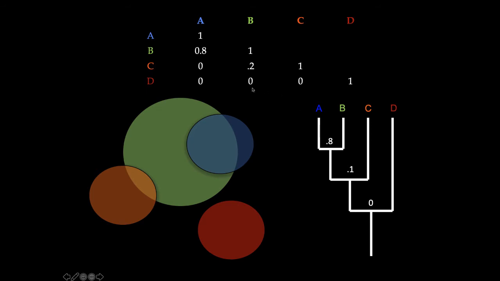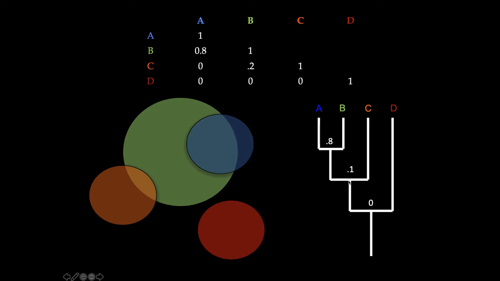Okay, now the question is, how do you map those onto a phylogeny? Well, the logic here is actually pretty straightforward. The overlap between A and B is just the overlap between A and B, right? Well, what do you do about the overlap between C and the common ancestor of A and B?